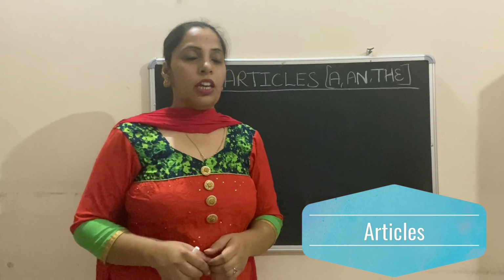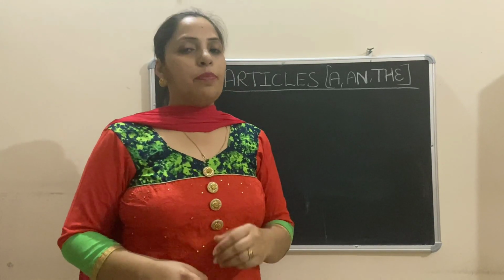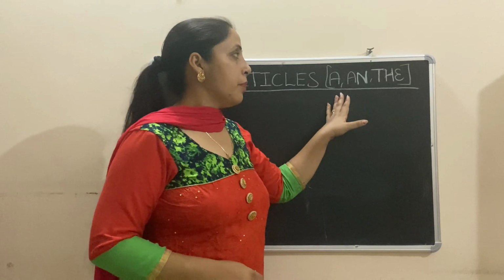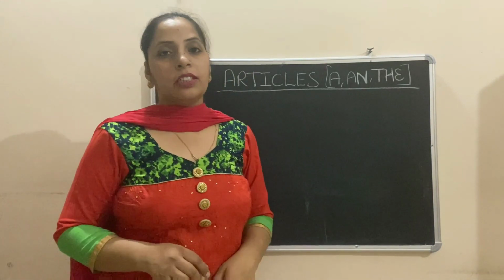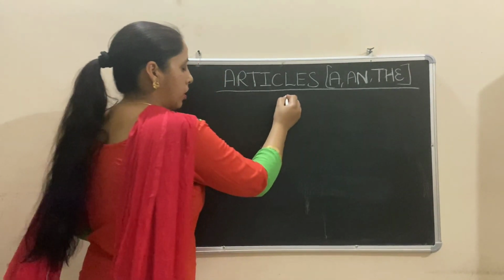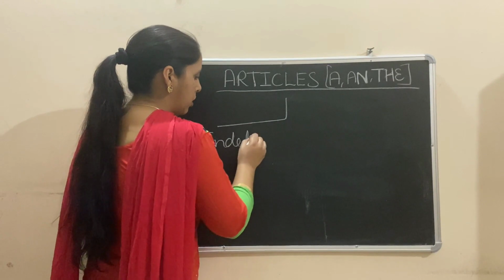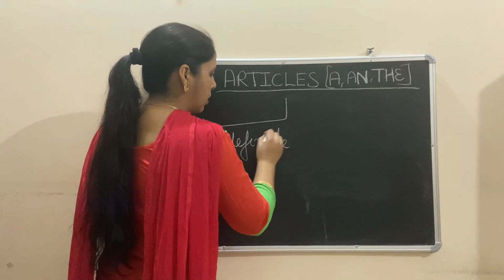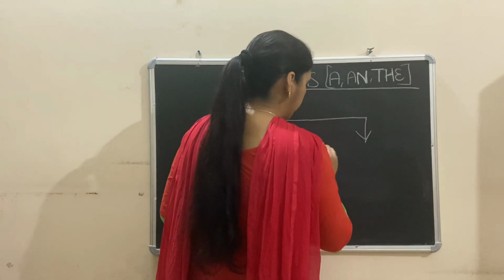Today we are going to study about articles. Now there are three types of articles: a, an, and the. These articles are categorized under two categories: the indefinite and the definite article.